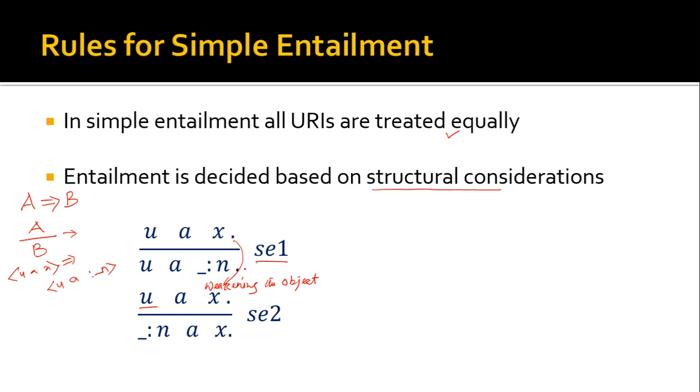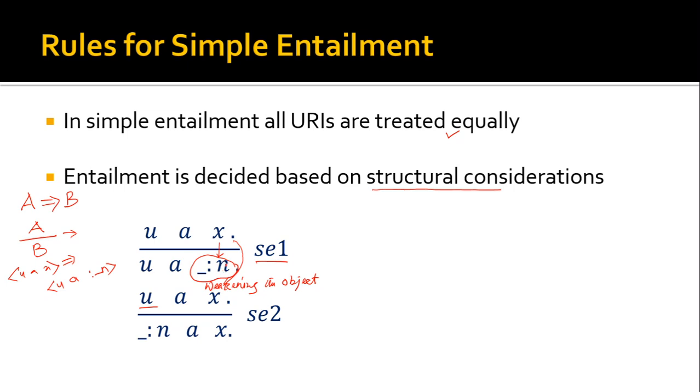But one point has to be considered while a particular part of the triple is weakened by applying any rule. Basically, we are replacing it using a node id. So this n has got an id, right?